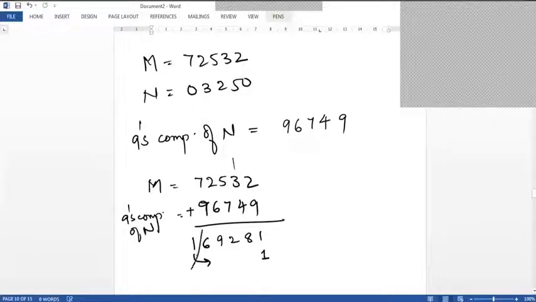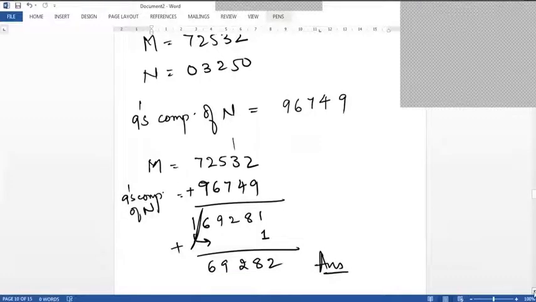We will remove the carry from here, take this carry over here and add it. So what will we get? This is my final answer. Understood the procedure? Instead of ignoring the carry, what you have to do is add it to your final answer. Okay?